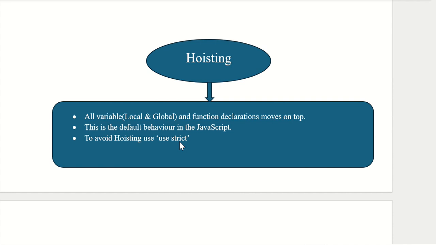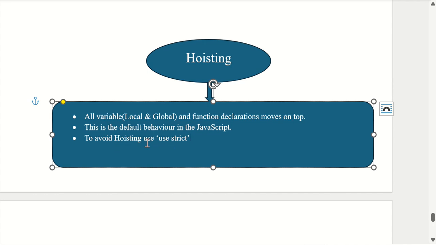Then you need to tell the JavaScript controller, I don't want the default hoisting concept, please stop. So you need to add use strict on the top of the source code, and you can use it in a function or outside.